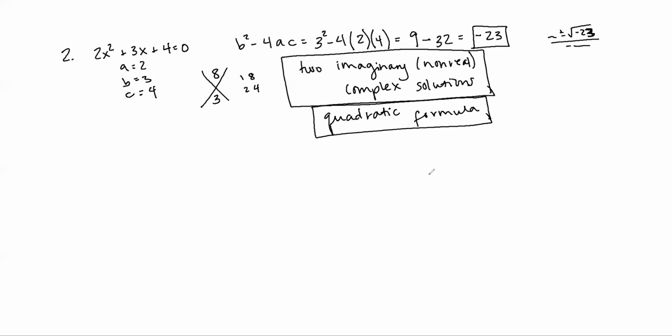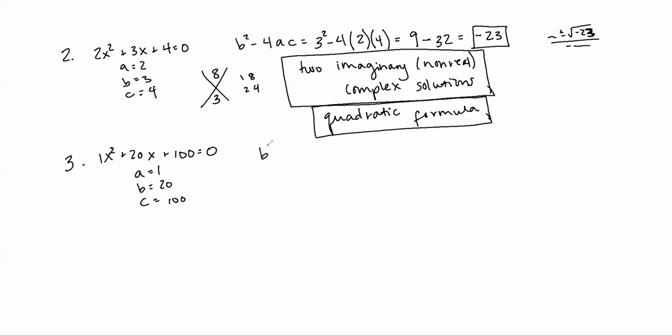All right, and then let's go ahead and look at this number 3 here. We're given x squared plus 20x plus 100 equals 0. Again, it's in standard form, so let's find A, B, and C. A is 1, B is 20, C is 100.